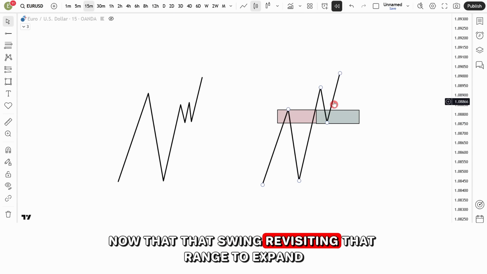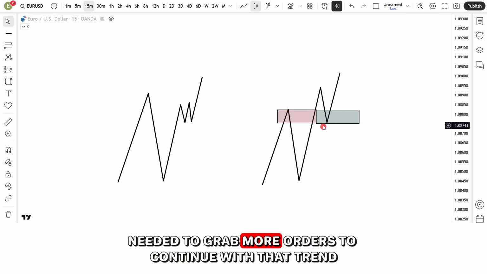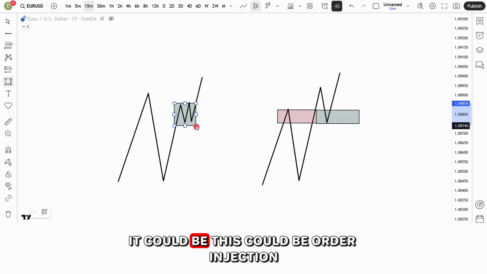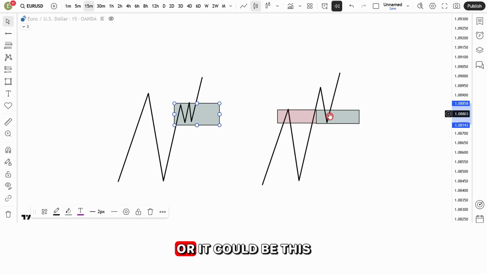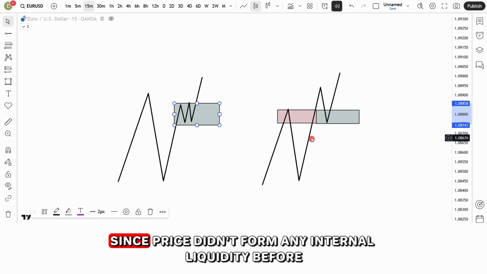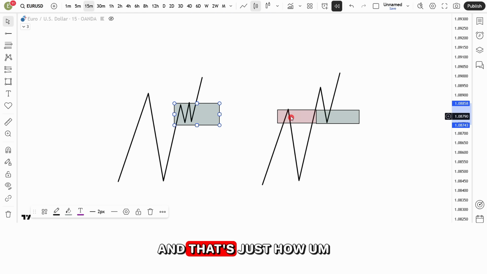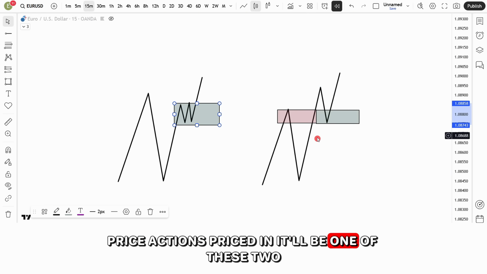That swing revisiting that range to expand, price needed to grab more orders to continue with that trend. So it's one of those two again. It could be order injection or it could be this. Since price didn't form any internal liquidity before expanding, price will come back and form that before going. And that's just how price action is priced in. It will be one of these two.